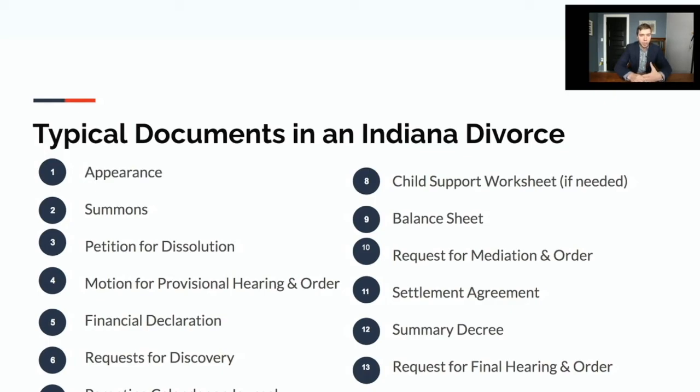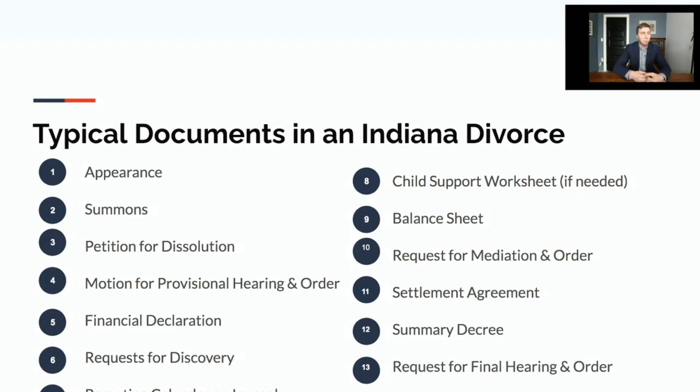This is intended to be an overview of what the process looks like, as well as what kind of documents you're going to see along the way. And it's important to know this kind of stuff so you can be thinking in the middle about what you can be doing to prepare. Is there information that you could be gathering to get to your attorney? Or even if you're contemplating divorce, this can help you see exactly what the process is so it can be a little bit more predictable and hopefully a little less stressful for you.